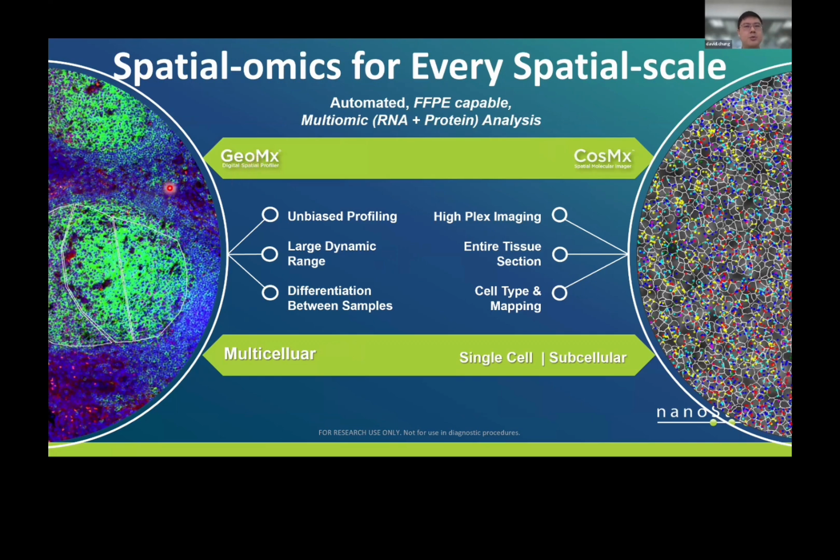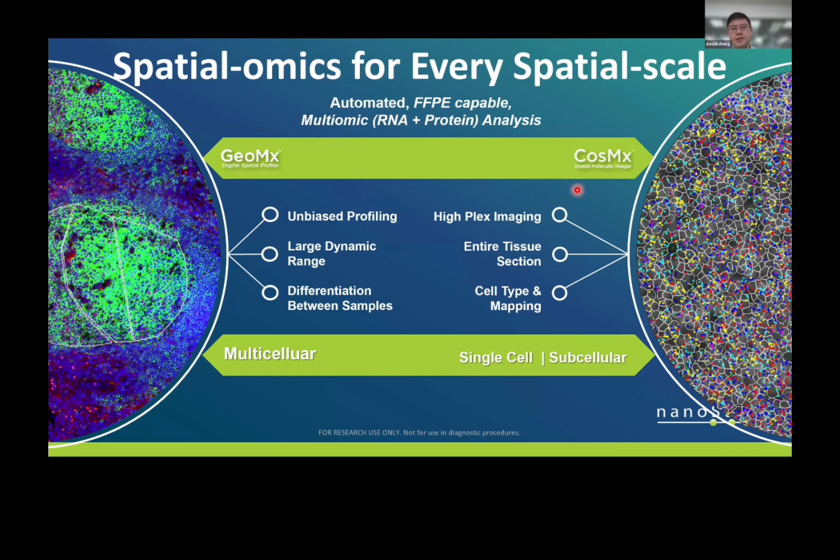For example, you just want to profile different regions on the tissue section, or you just want to specialize on the tumor tissue region, for example, to profile and then compare between different tissue sections or different patients, control versus disease, for example, to see what the difference is in the gene expression profile or protein expression profile. You do not need single cell resolution to help resolve the heterogeneity of the tissue. Then genomics is suitable for you.